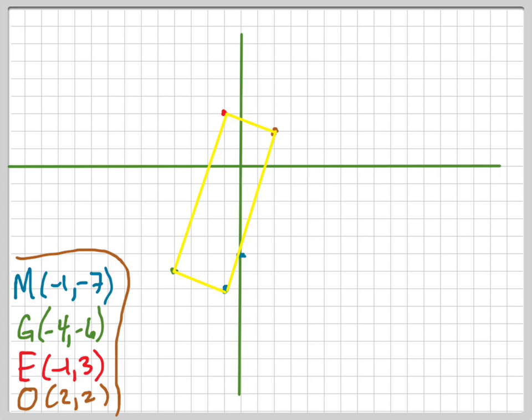But if you have the points plotted out, it's much easier to find the slopes, because remember what the slope is. I'm trying to find the slope of this line right here. I go the rise over the run between these 2 points.